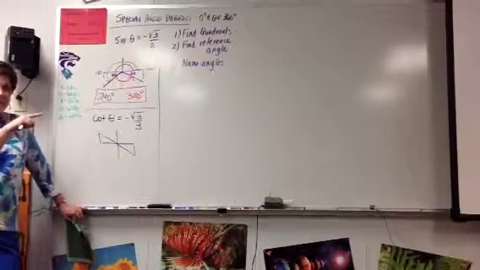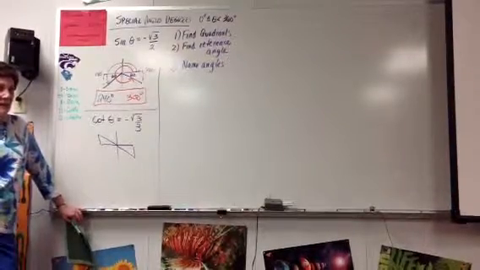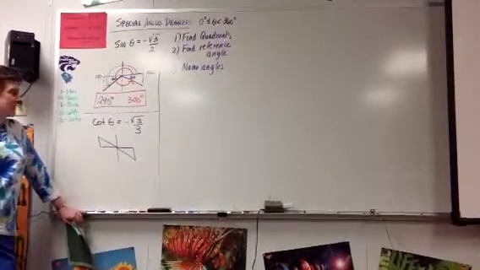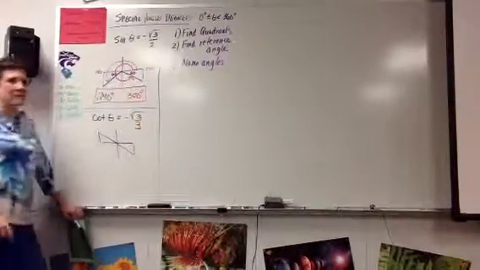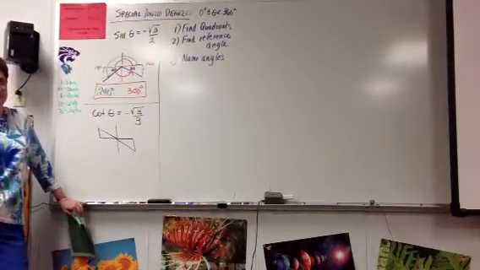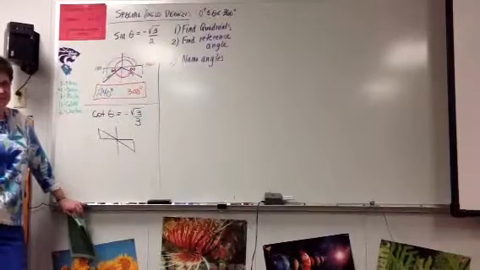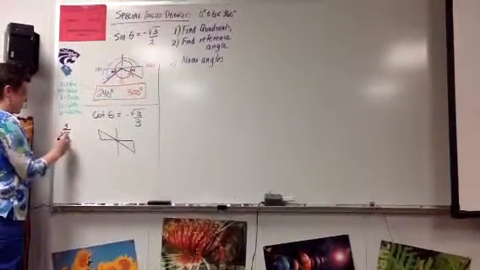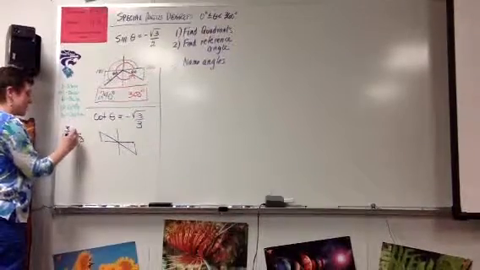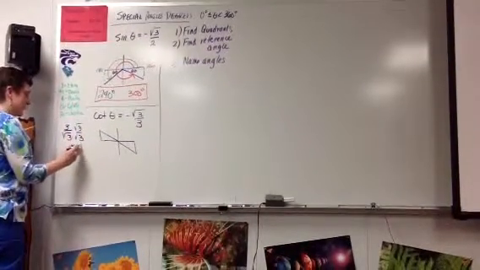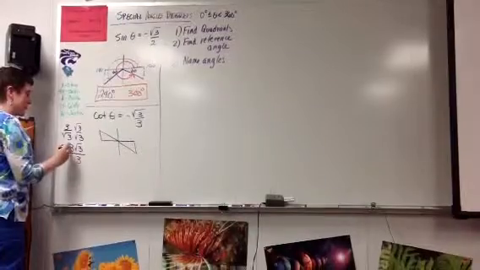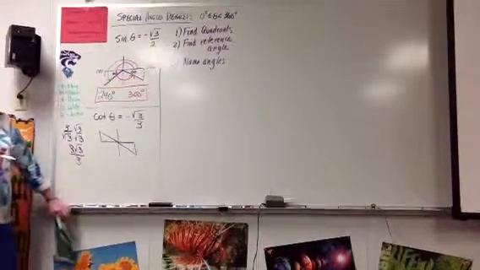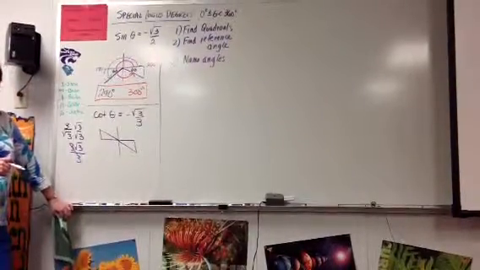If you look at that table, it tells you where tangent has values. So you actually have to think, what's the reciprocal of this? If I flipped it over, what would tangent be? It would be 3 over the square root of 3, which when rationalized is 3 square root of 3 over 3, which then cancels the 3's, and you get square root of 3.